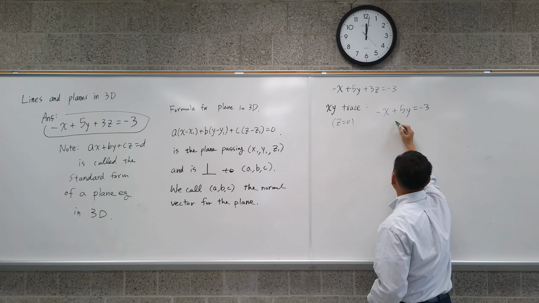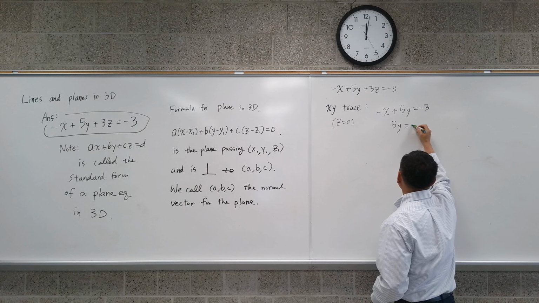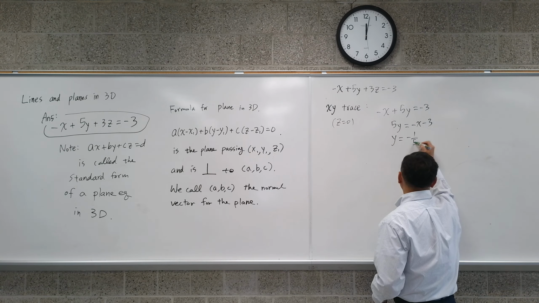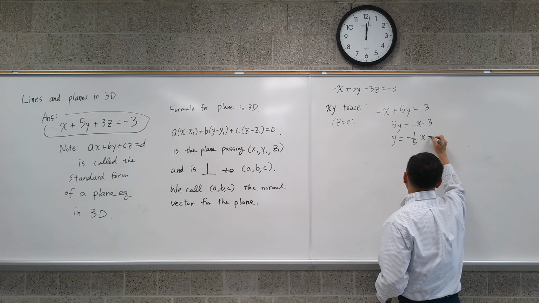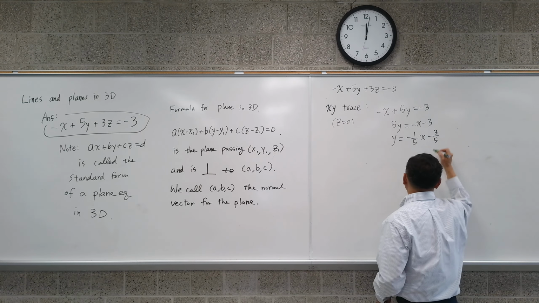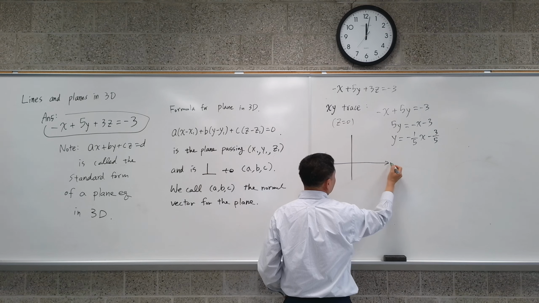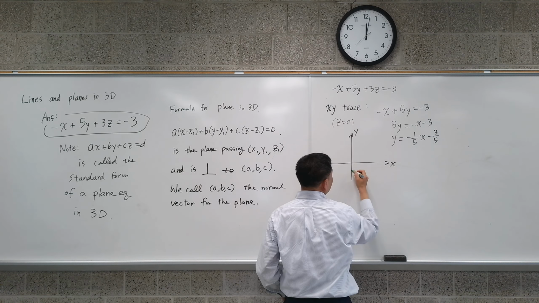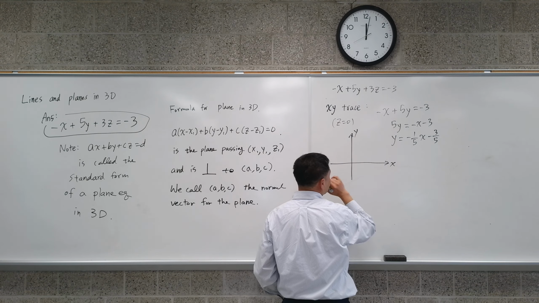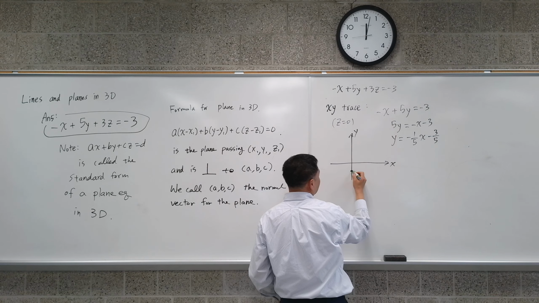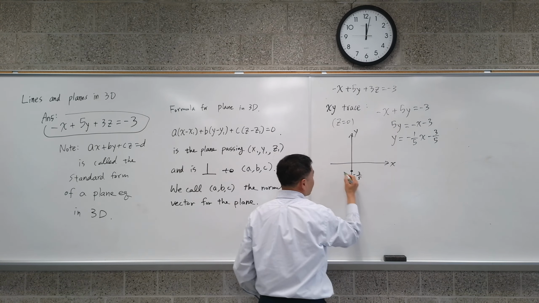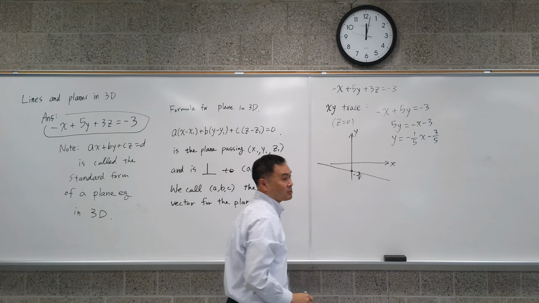And of course, this is a line. But what kind of line is it? It's a line with slope negative 1/5 and y-intercept negative 5/3. So here's x, here's y, here's negative 5/3, and then it's a line that's like this.